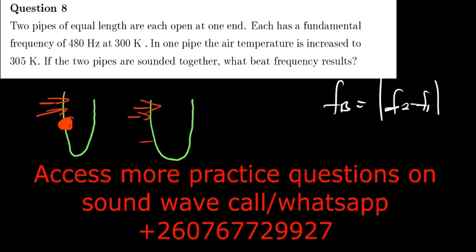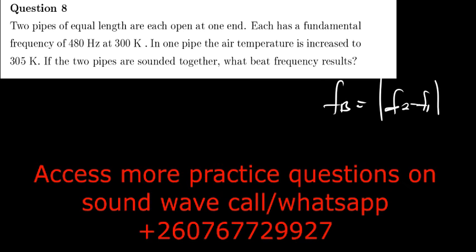So in this case, I'm going to find two frequencies. Now I have two pipes. These pipes have the same frequency but different temperature. So this is going to be my first pipe.